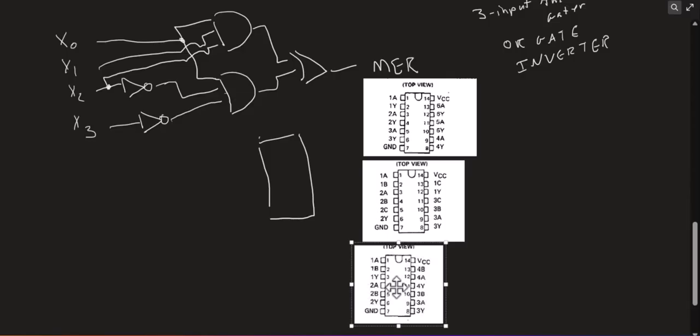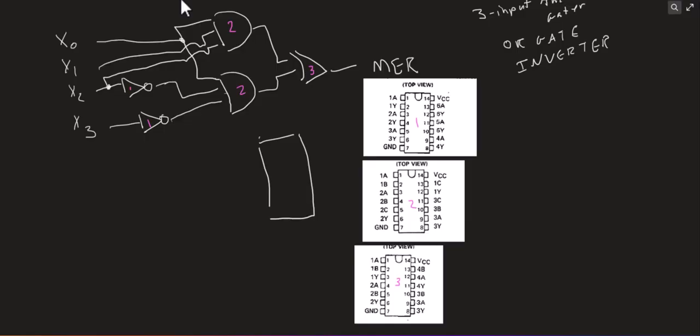And I'll label them here: one, two, three. And here I'll put a 1 on each of these because that's going to be my inverter. And I'll put a 2 on each of these because those are my AND gates. And I'll put a 3 on that because that'll be my OR gate.